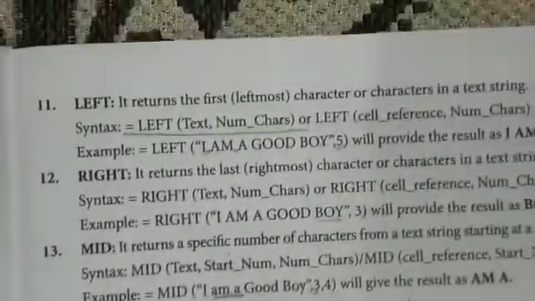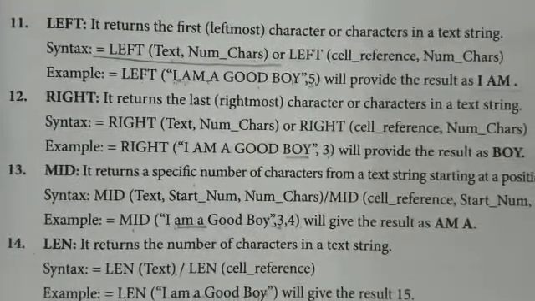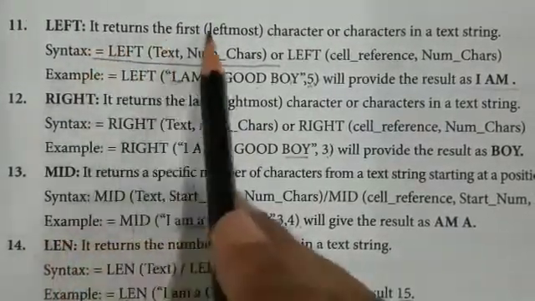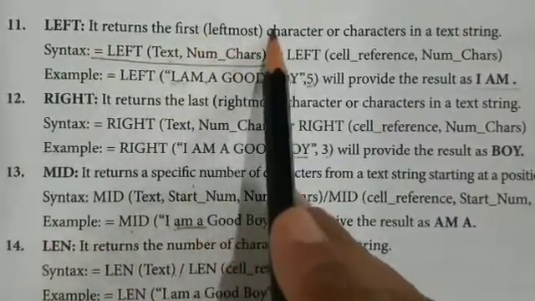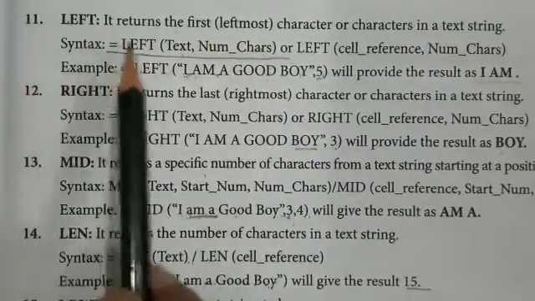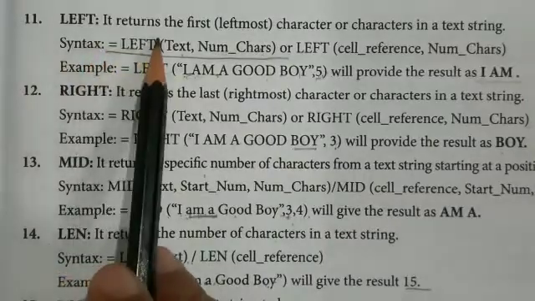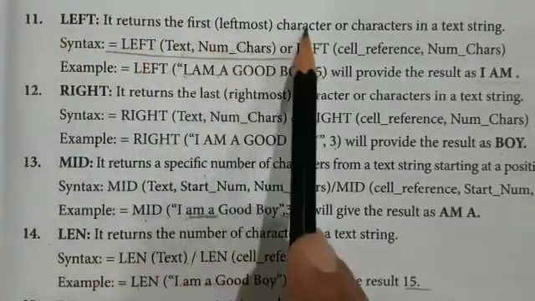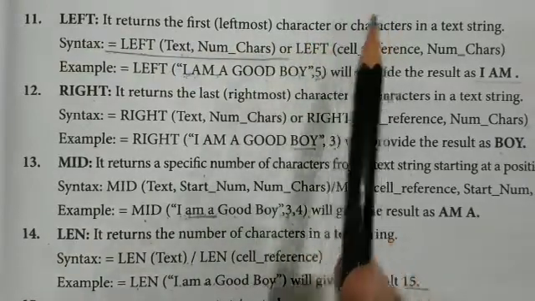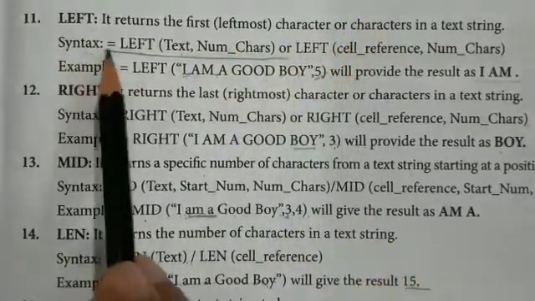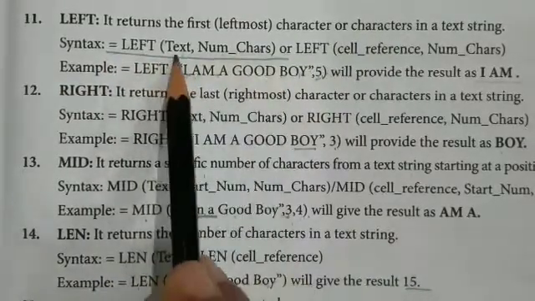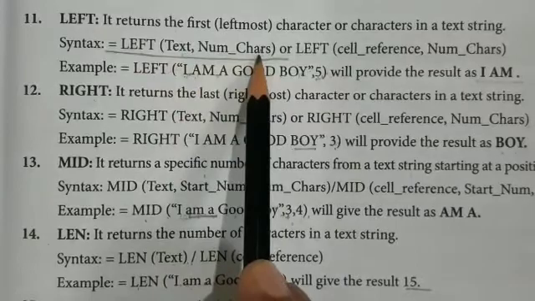Now let's see some string functions, that is some text functions. LEFT function returns the first leftmost character in a given text string. Equals LEFT is the function, in the bracket text, comma, number of characters.